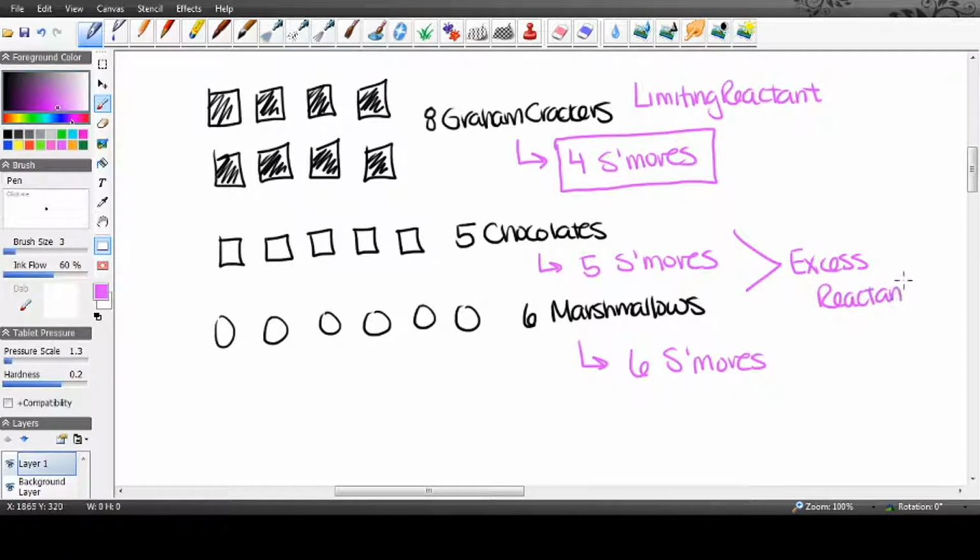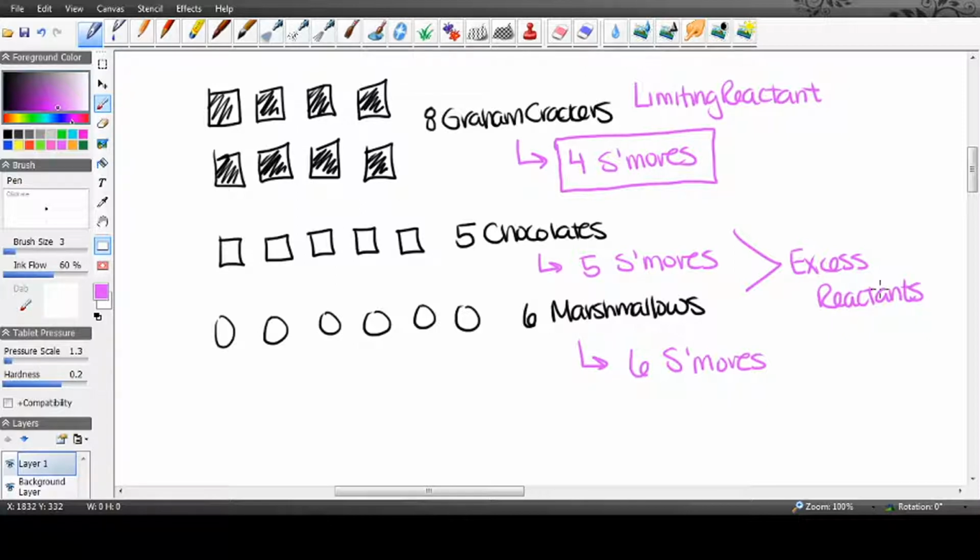Now, the mistake that people often make is that they think that the limiting reactant is the thing you have the least amount of. And that's not true, right? Because the chocolates is what we had the least amount of, but that's not my limiting reactant. Because it depends on how many of each reactant is needed for the recipe to take place, or for the reaction to take place.